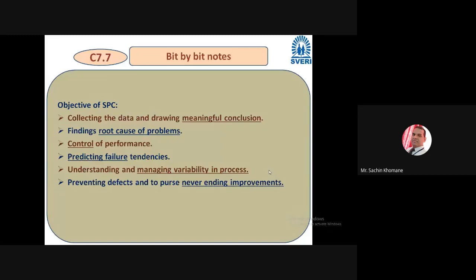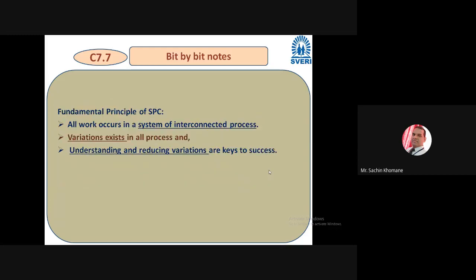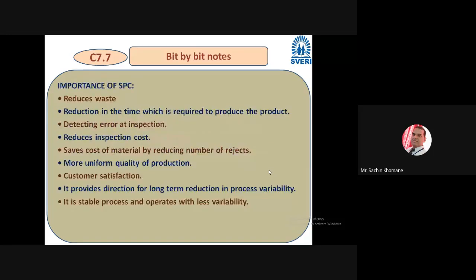Also, we have seen the objectives of SPC, why SPC is there in industry, the basic fundamental principle of SPC, as well as the importance of SPC. I think this much we discussed last lecture, including our central idea, importance, and title of the chapter.